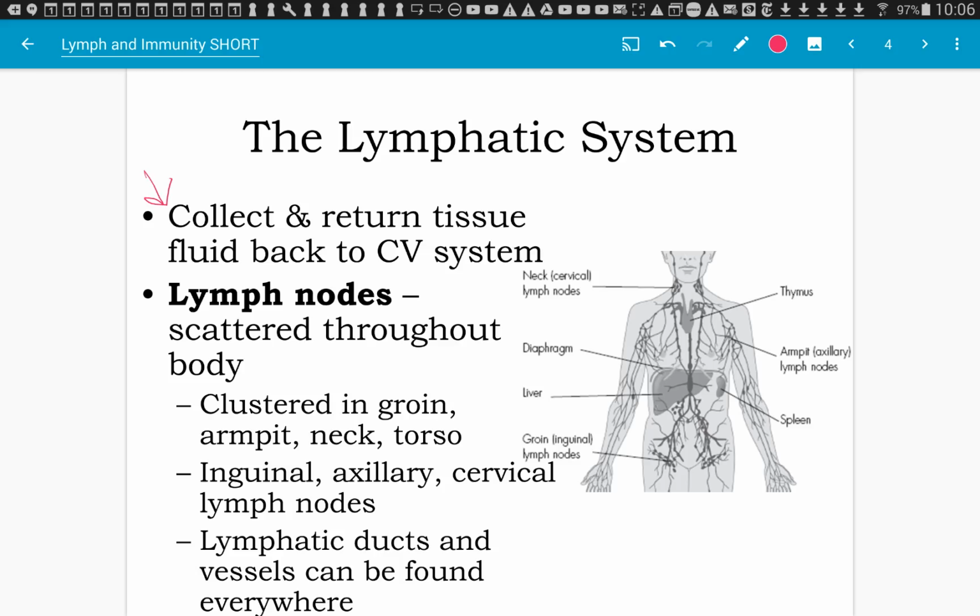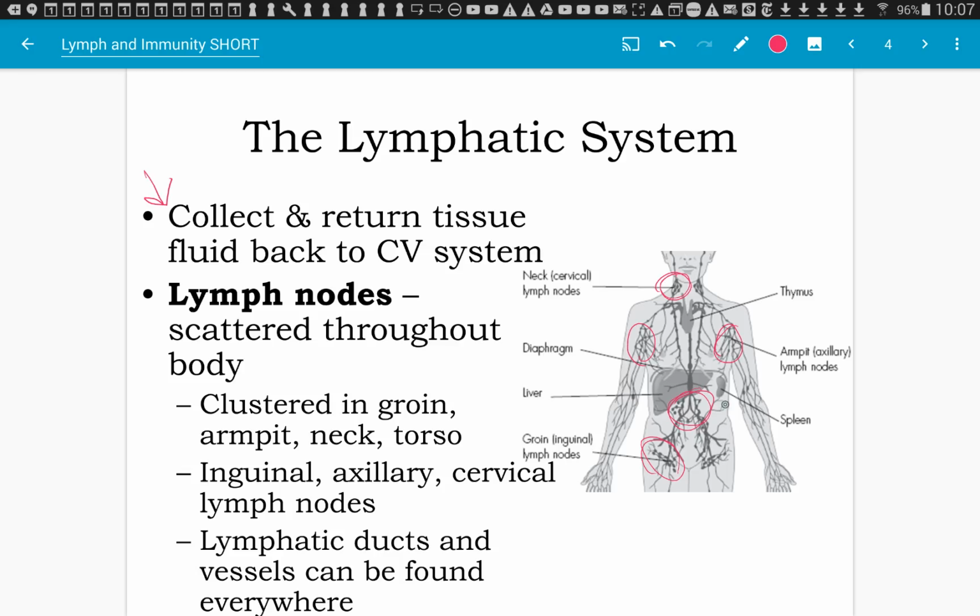And so there are areas of concentrated lymph nodes. And so notice, there's a concentration in the cervical region. There is a concentration in the groin and inguinal region. There's also right there within the abdominal cavity. You have in the armpits or the axillary region.